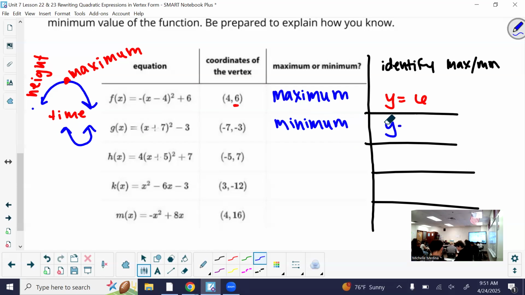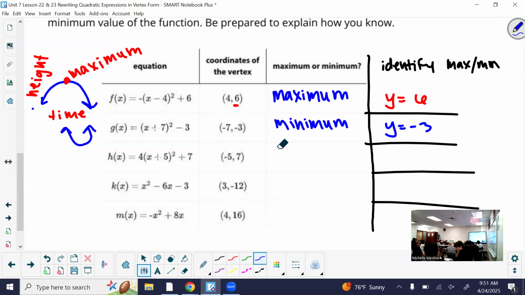Aiden, what would the value of it be? Okay, good. So it is -3 because like I said, it is the y of the vertex.